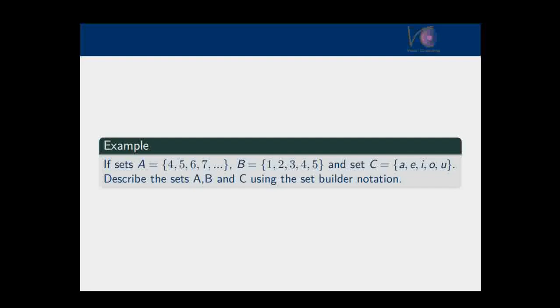Okay, so this requires us to describe using the set builder notation. How do we describe this? Remember, set A, uncountable. We can describe this using the listing of elements, of course. Set B, countable. Using, yes, the list of elements.